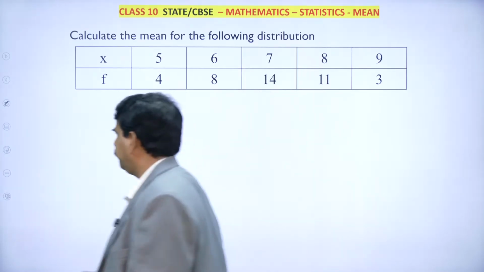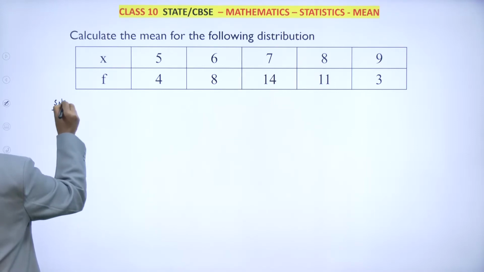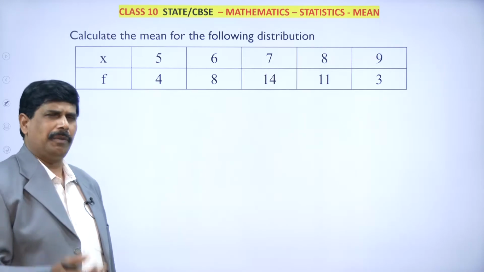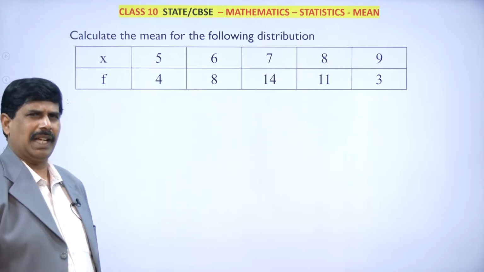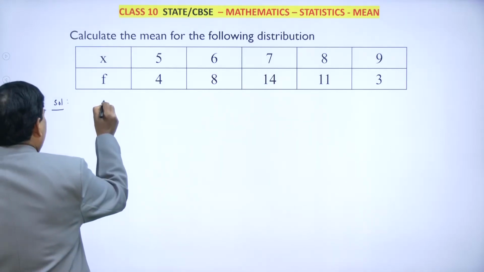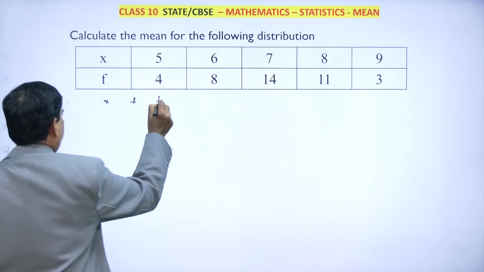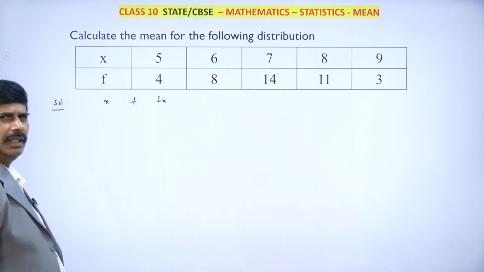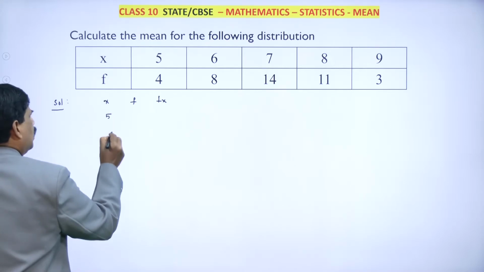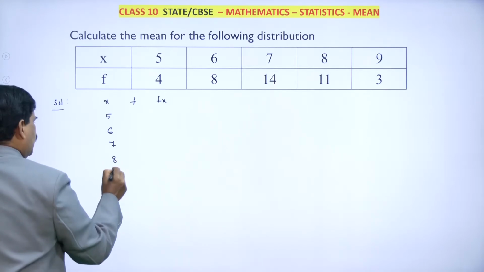Okay, children. So you need to construct one table. Better you do the problem in the form of a table, that makes the calculation easy. First you take x, and then you have f, and then fx. So now it is 5, 6, 7, 8, 9.